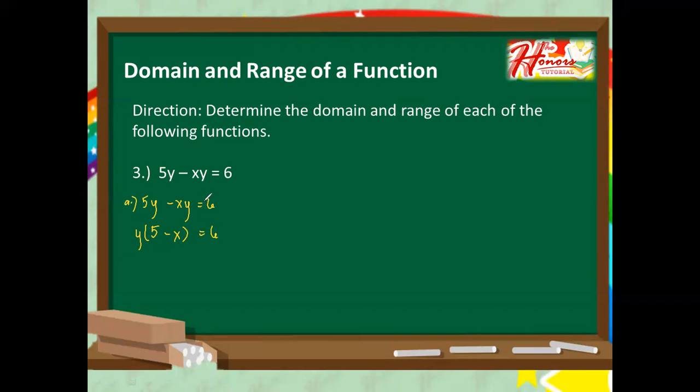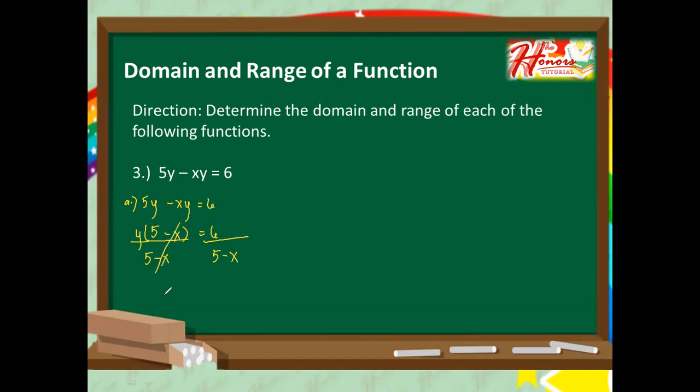And then what we want in our equation is this. We should have y at the left side of the equation alone. So therefore, kindly divide both sides of the equation by 5 minus x, so that we can meet our goal to have y at the left side of the equation alone.